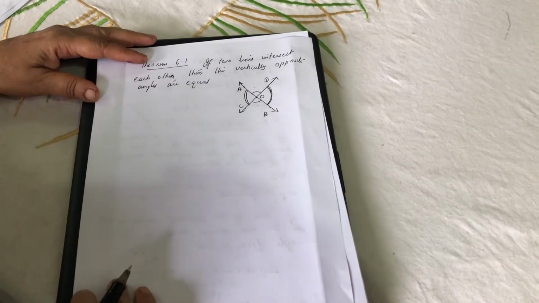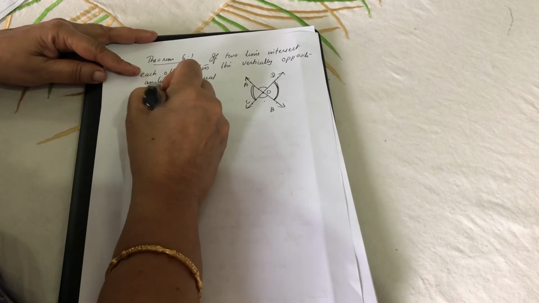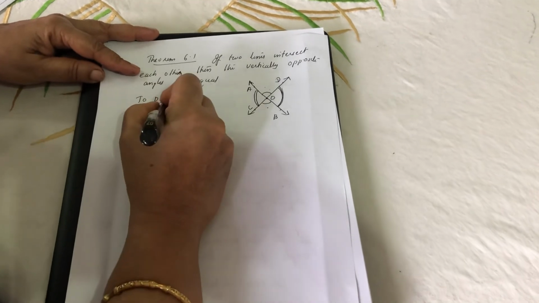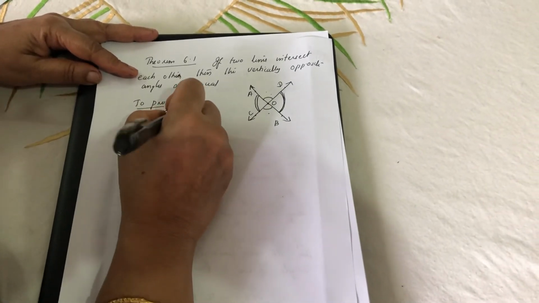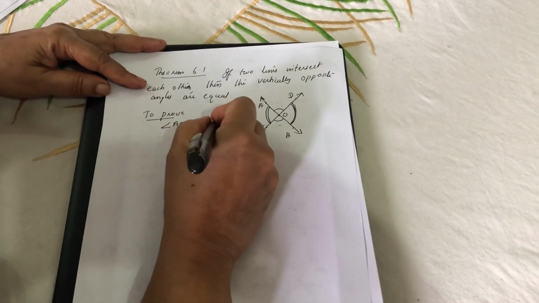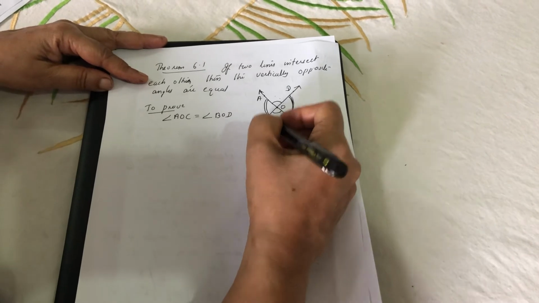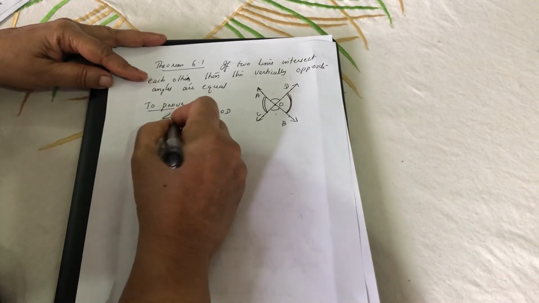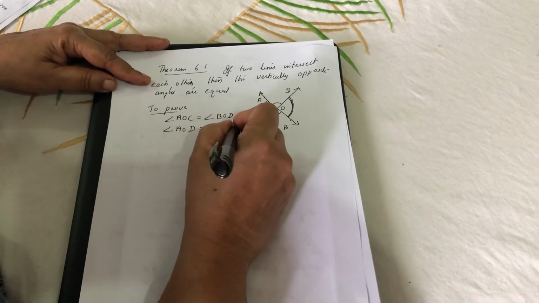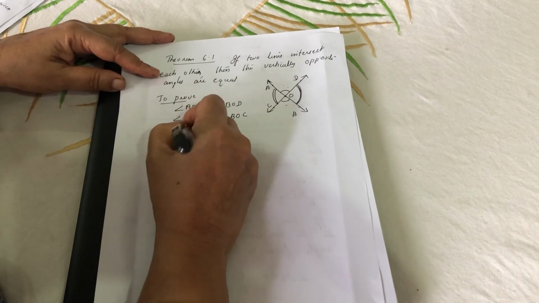You have to prove angle AOC equal to angle BOD. Next, angle AOD equal to angle BOC. So how do you have to prove it?